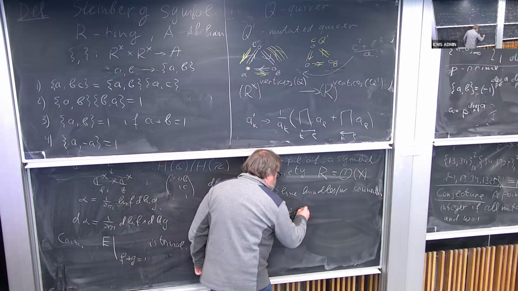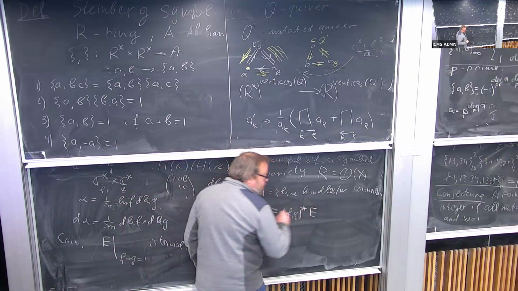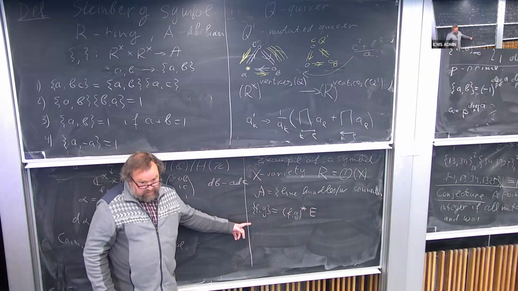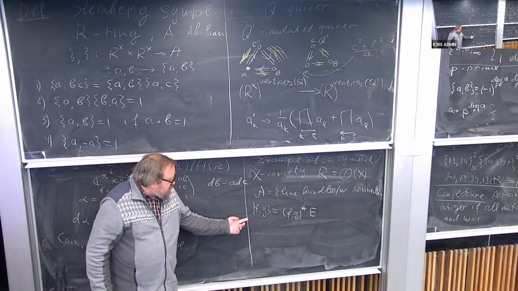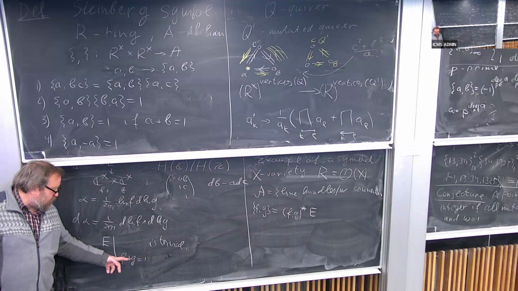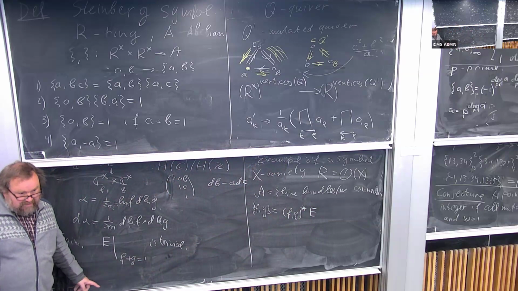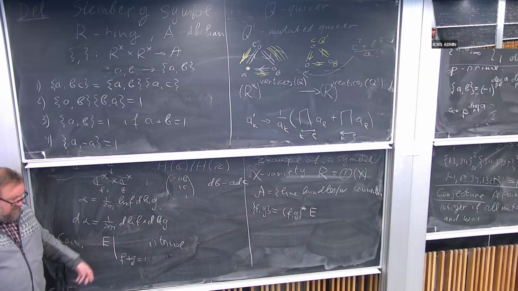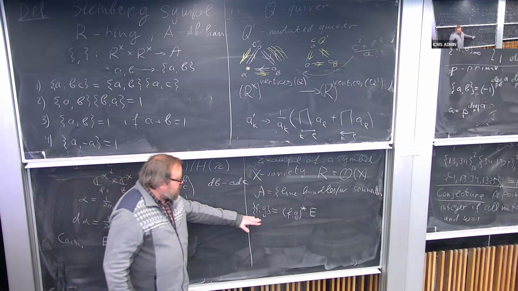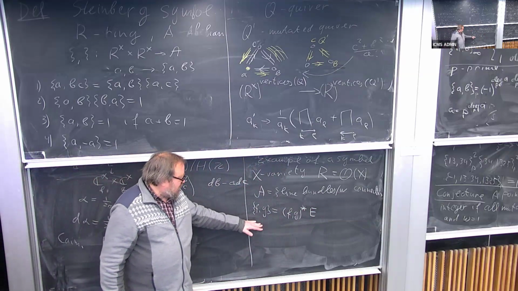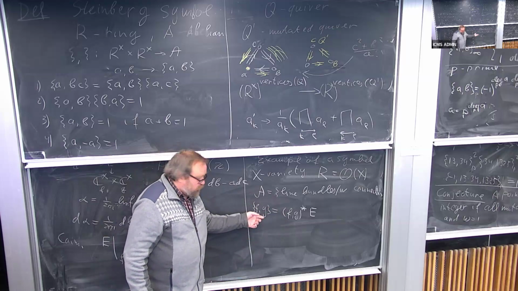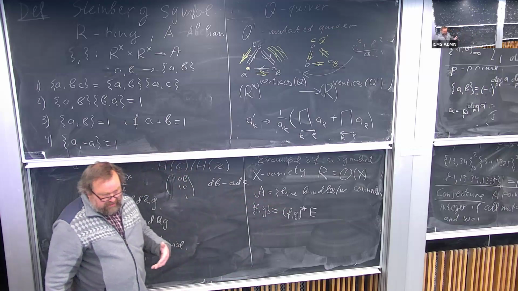I take the inverse image of E, and I claim that this is a symbol, for the obvious reason that if you restrict to F plus G equals 1, then it is trivial. So out of two functions you can construct a line bundle on any variety.